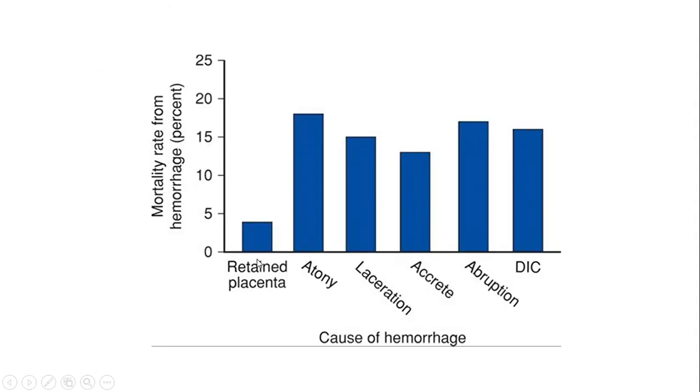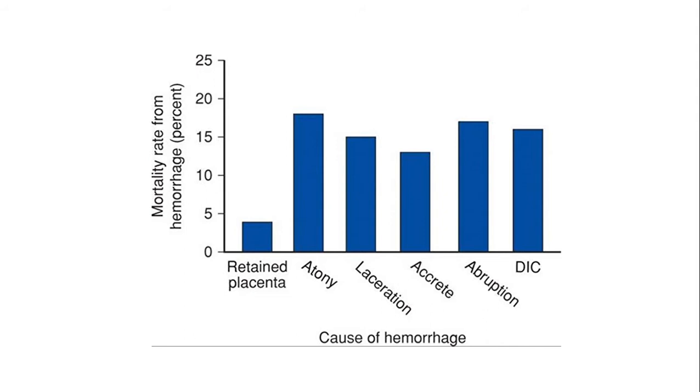This is the graph which shows the mortality rate from postpartum hemorrhage due to different most common causes. And you see the atony of the muscle of the uterus takes probably the first place, giving up to 18% of maternal mortality.